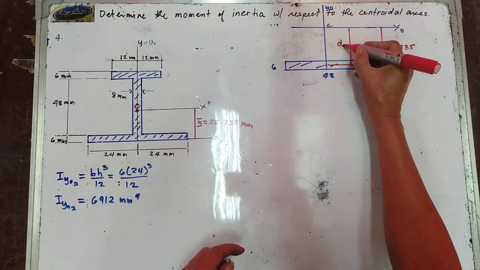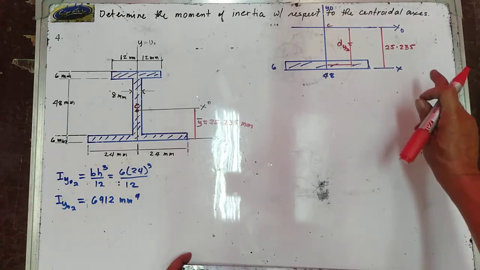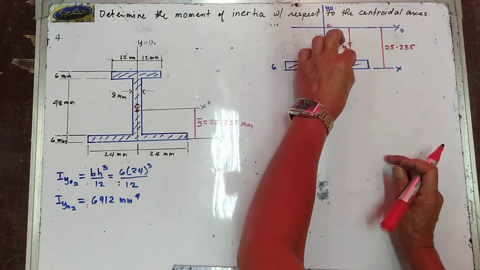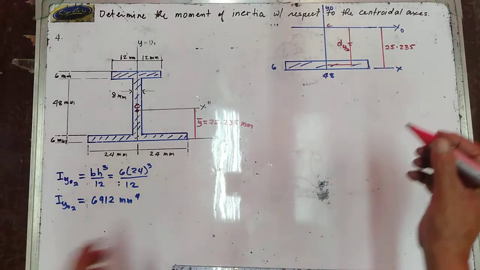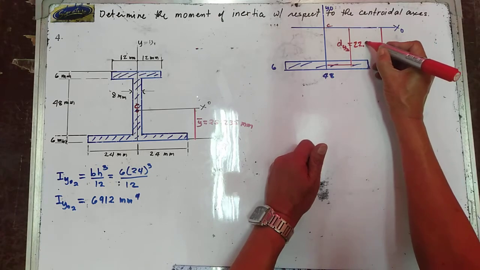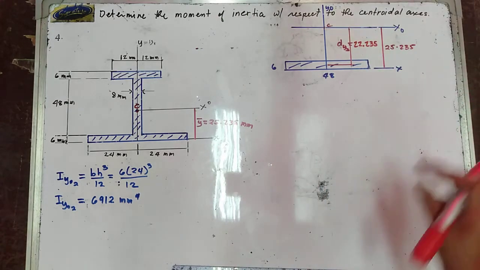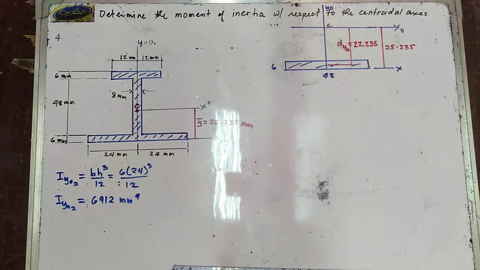And dy3 is 25.235 minus 3 millimeter, and that one is equal to 22.235 millimeters.